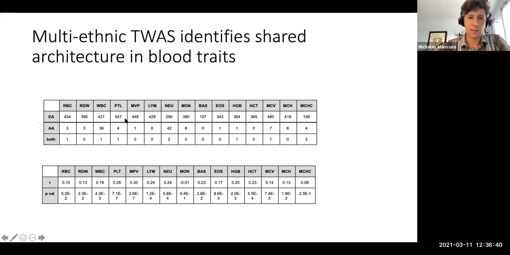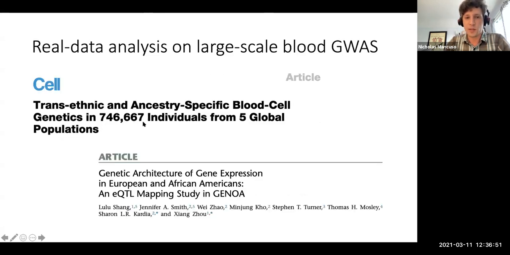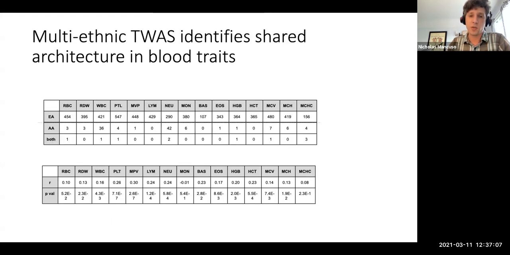This doesn't take a keen eye to spot, but the reason for this is really differential power. If I were to hop back a few slides, we see this very impressive number of 750,000 individuals. Well, it's no surprise, based off the figure from Alicia Martin's work, that the overwhelming majority of these are European ancestry individuals. There's a massive sample size imbalance between these. And so it's extremely differential in terms of statistical power to identify anything.